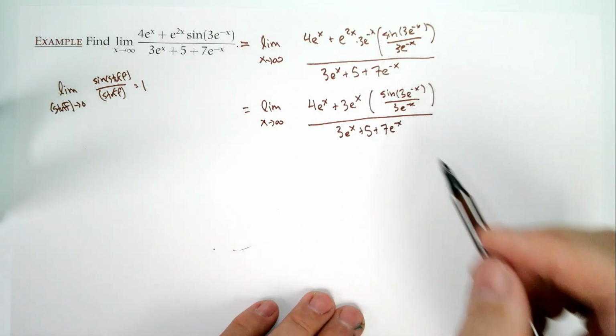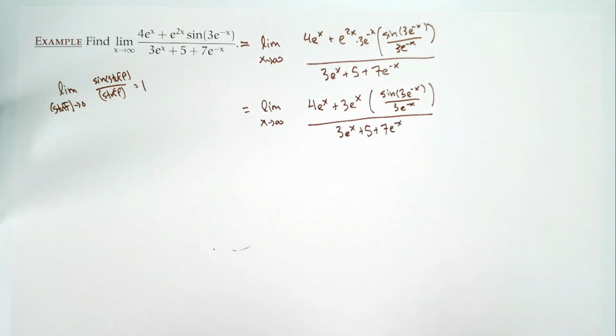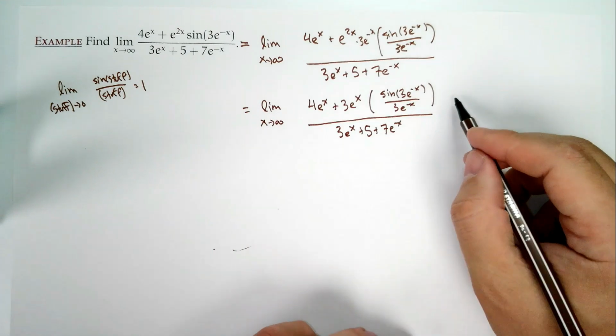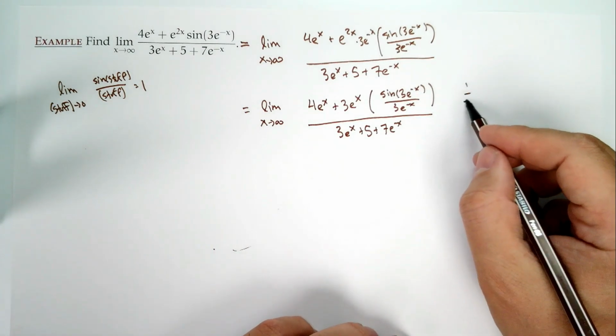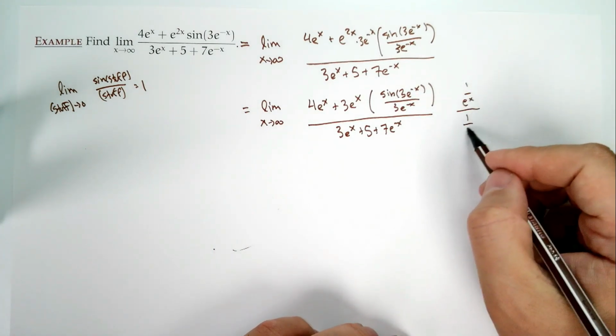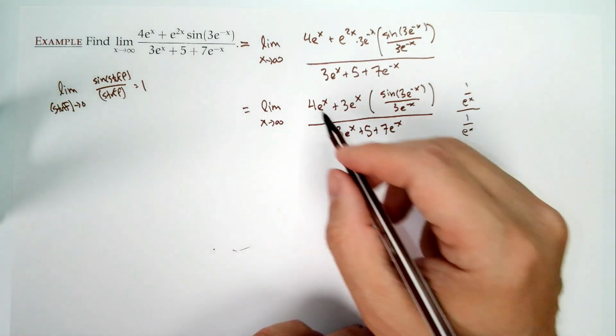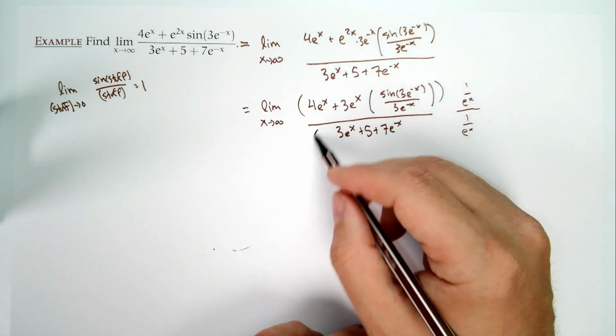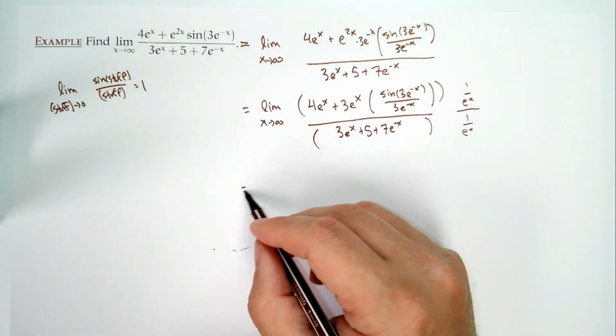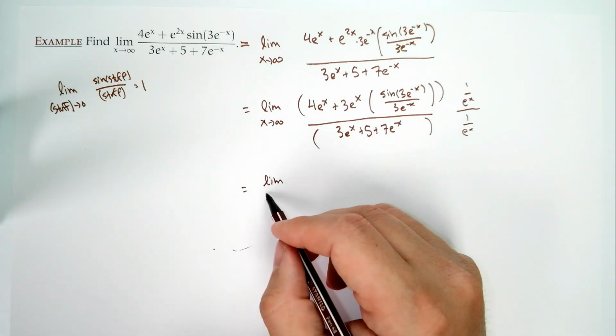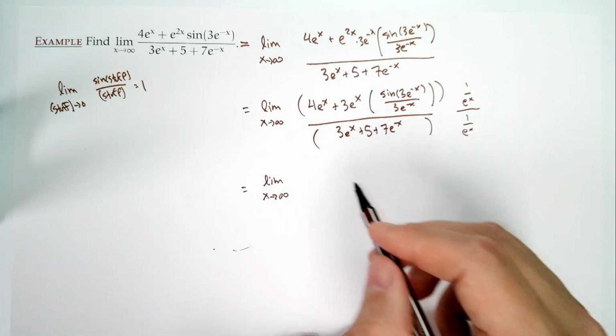And now we're ready to say, all right, currently it's going to infinity over infinity. Time for us to pump our brakes. And 1 over e to the x, because that e to the x, that's the big term, both in top and the bottom. So we apply our brakes, slowing it down. Not too much, just right.